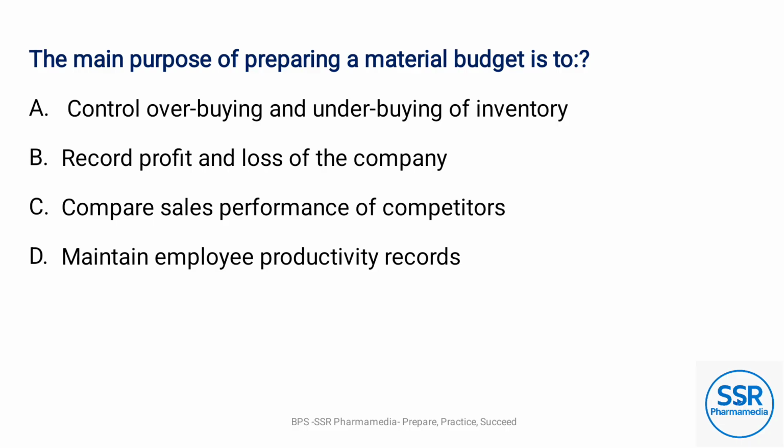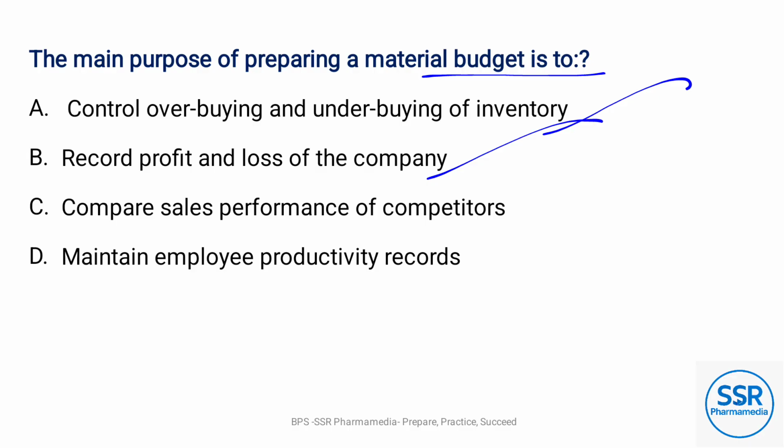Next question. The main purpose of preparing a material budget is to: option A, control overbuying and underbuying of inventory. Option B, record profit and loss of the company. Option C, compare sales performance of competitors.